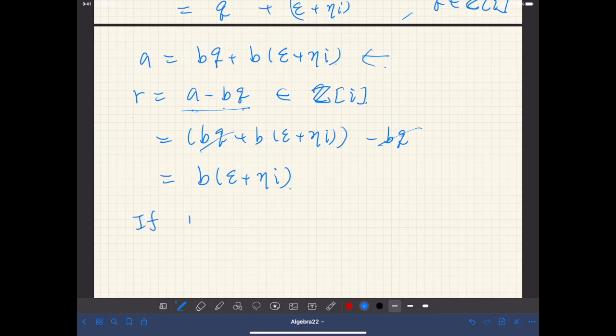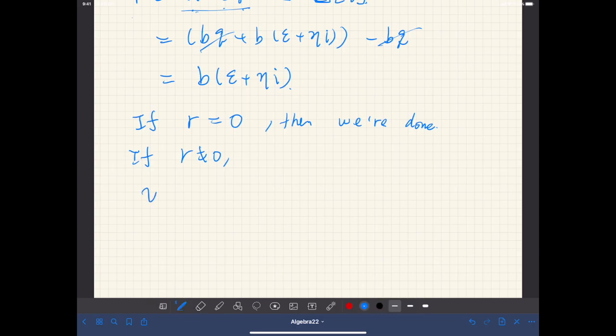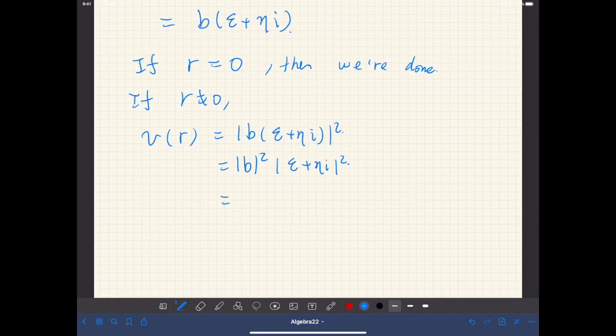Now, if this R is 0, then we are done. And if it's not 0, then let's calculate the value of V of R. By definition, this is the norm of B times epsilon plus eta i, which is B squared times epsilon squared plus eta squared.